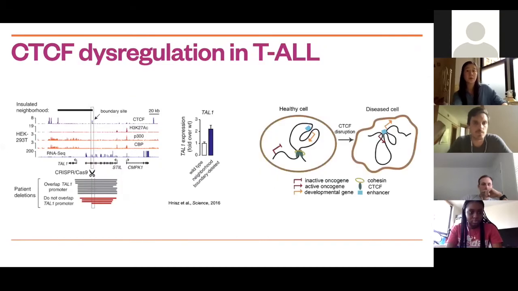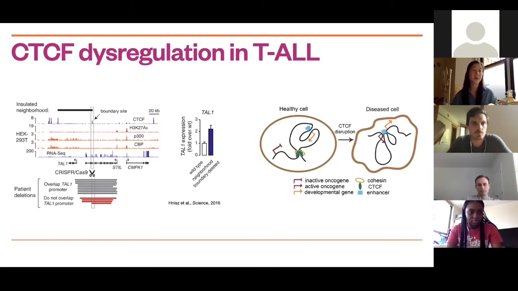On the right, you can see in a healthy cell, there's this loop that in this example separates an oncogene, a bad gene that you don't want to be activated, from an enhancer element. So in normal cells, these 2 components are not touching each other, okay? You don't want the oncogene doing stuff in your healthy cells.